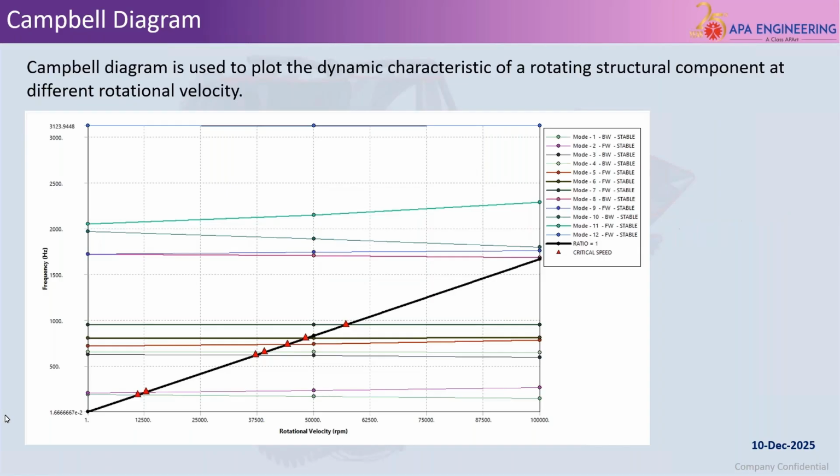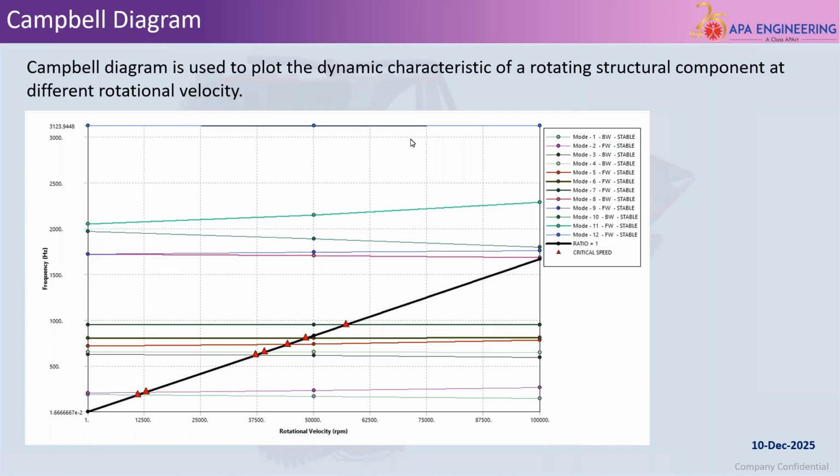This brings us to one of the most powerful tools in rotordynamics, the Campbell diagram. I will show you how to create one in the demo session. A Campbell diagram plots natural frequency against rotational velocity. So we have rotational velocity on the horizontal axis and natural frequency on the vertical axis.